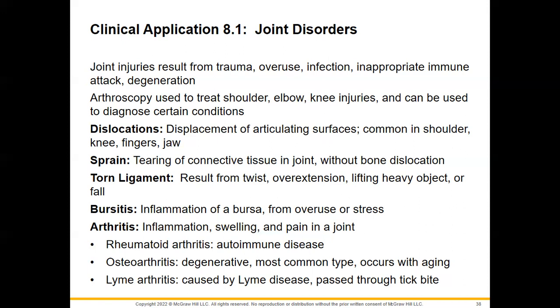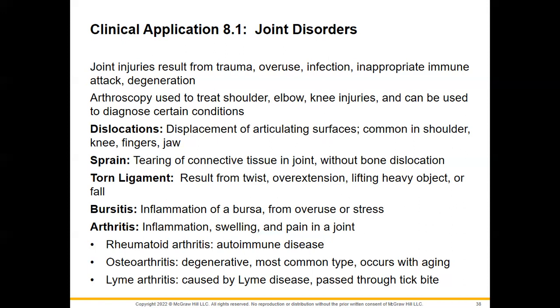Now, these tears can be minor tears or they can be major tears, but that tearing of that connective tissue is called a sprain.